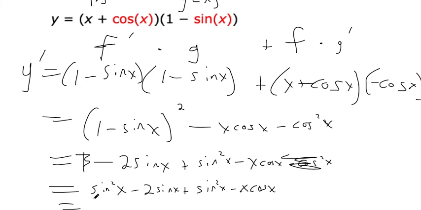And we've got sine squared plus sine squared, that makes 2 sine squared minus 2 sine x minus x cosine x. And that's as simple as I think I can imagine it.